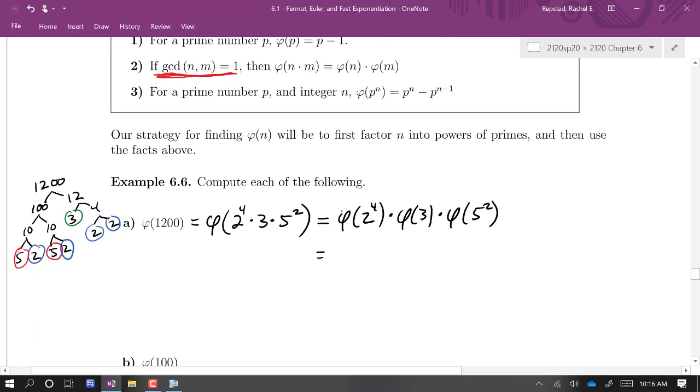So if I'm using that on, 2 is prime, so if I'm using this on phi of 2 to the 4th, that third item tells me this will be 2 to the 4th minus 2 to the 3rd. Next I have phi of 3. That's a prime, so it's going to be p minus 1, or 2. And then 5 squared, phi of 5 squared is 5 squared minus 5 to the 1st.